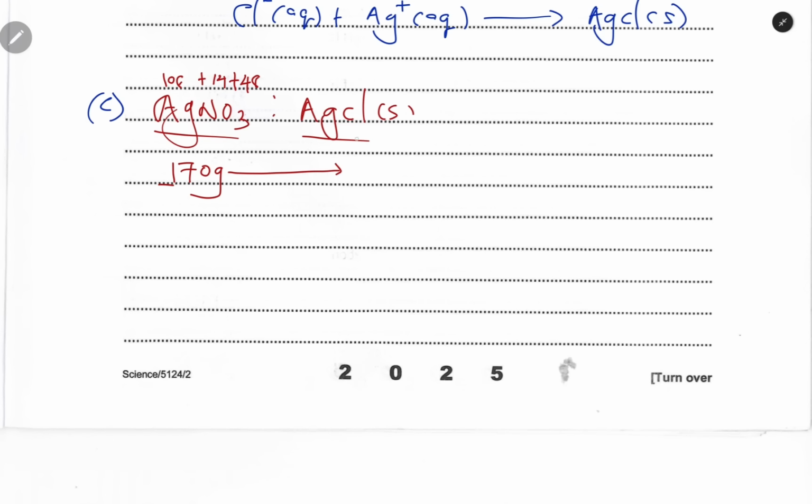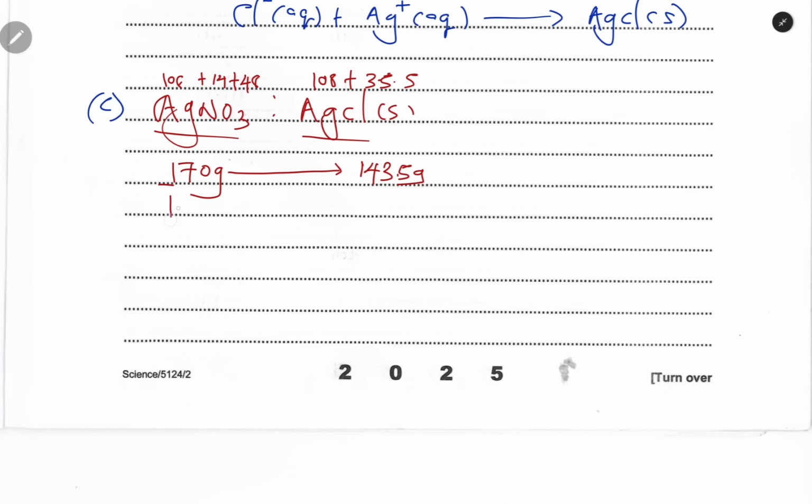What is the mass of Ag chloride? 108 plus 35.5 gives us 143.5 gram. So 170 gram of silver nitrate reacts to form 143.5 gram of silver chloride.